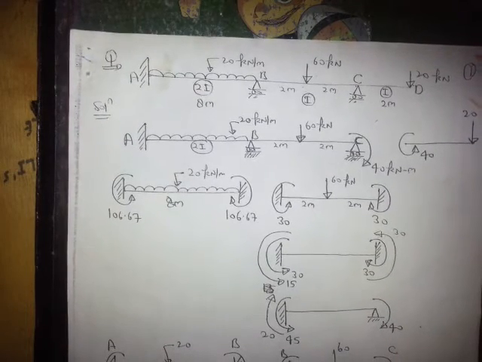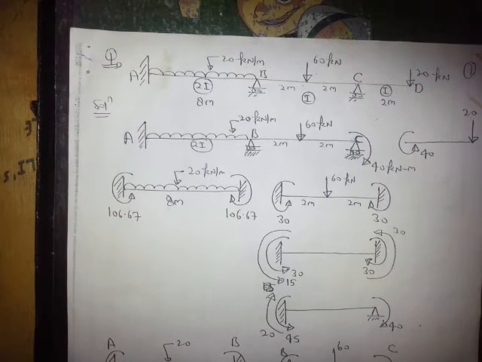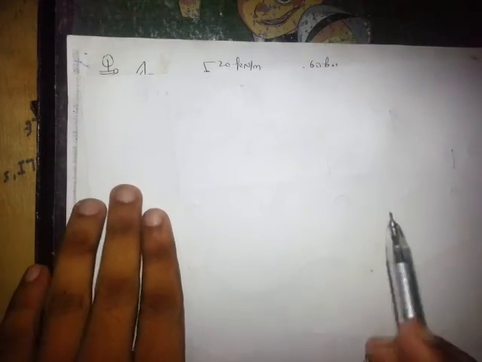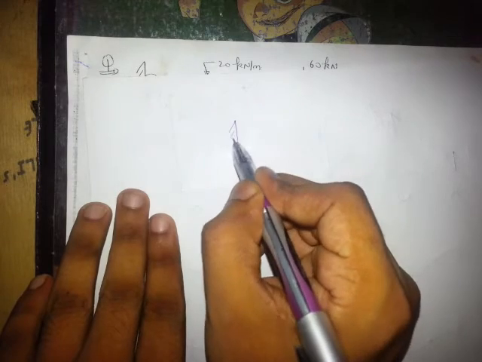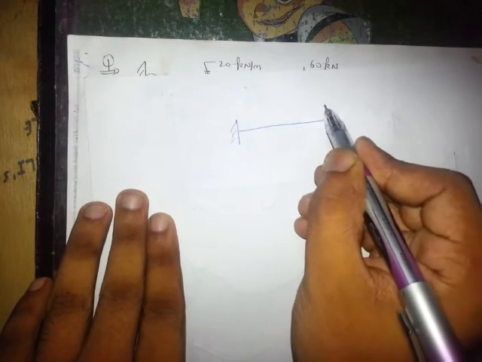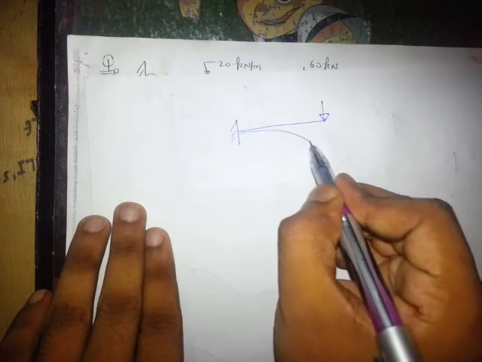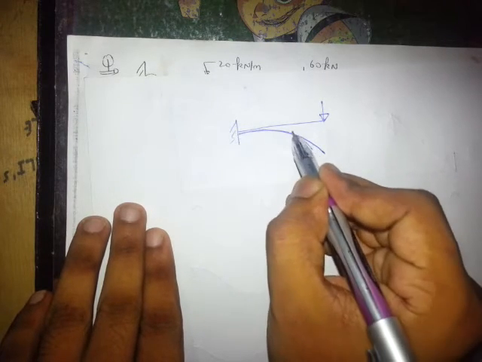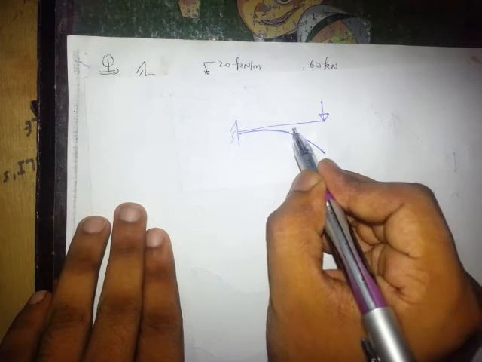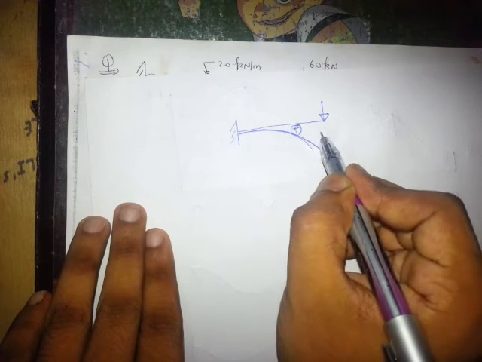One more thing, dear friends, we discussed only BMD of a simply supported beam. If we want to draw BMD of a cantilever beam, look, if loading is vertical, the beam bends like this. This is the behavior, means in the top face there is tension, means bending moment will be negative.